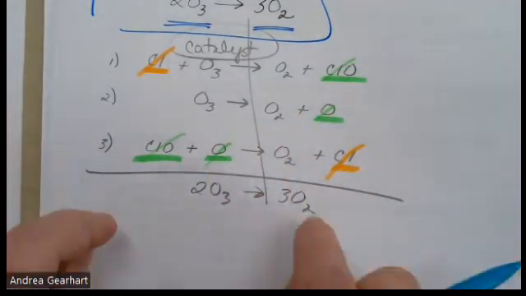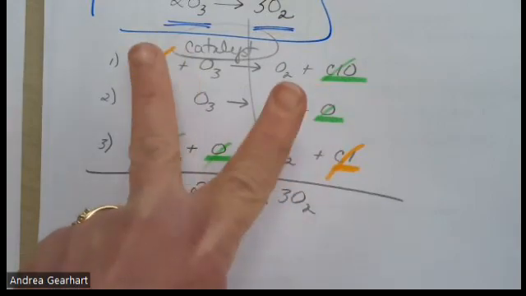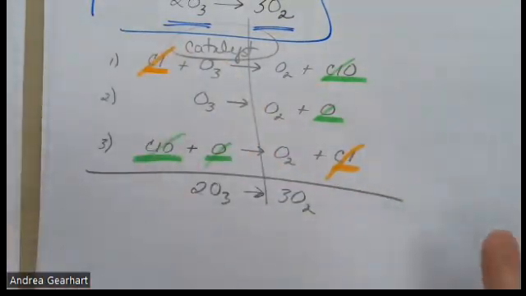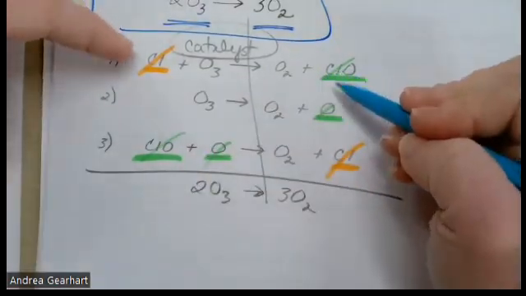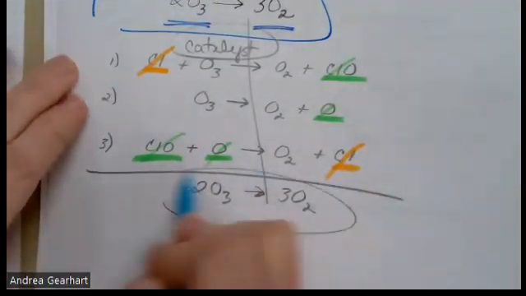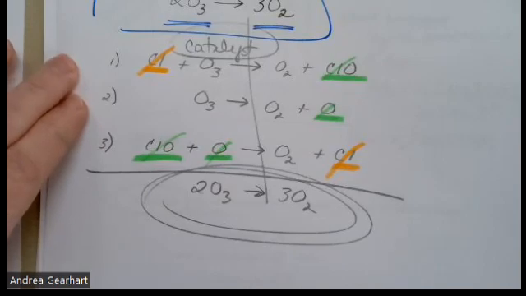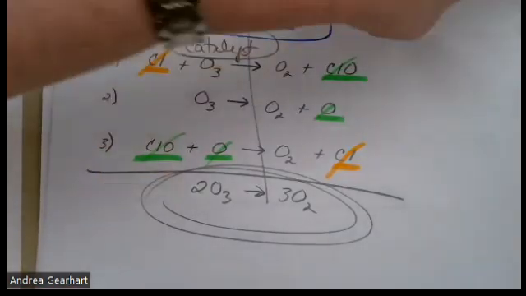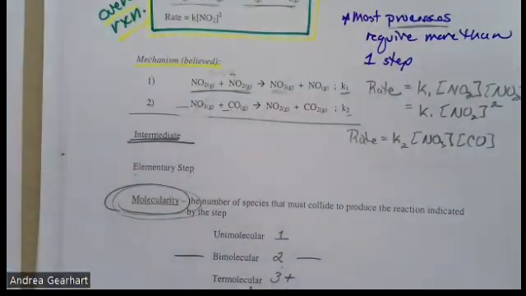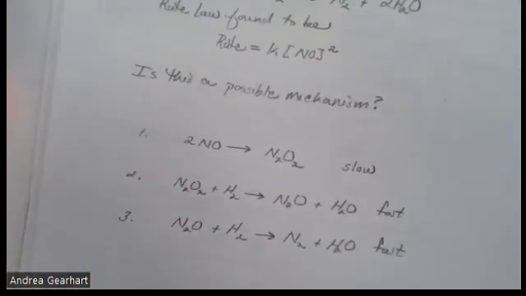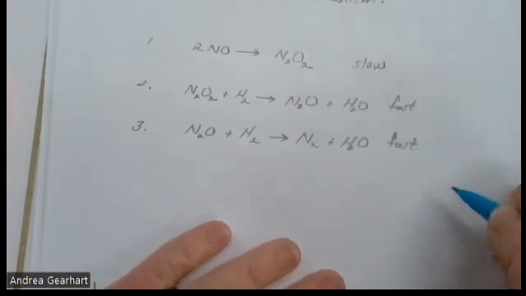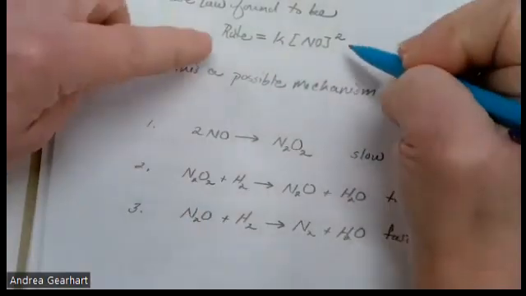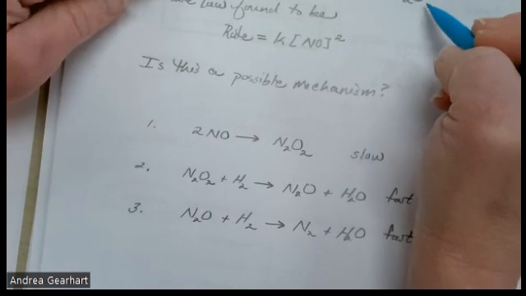A reaction mechanism has to pass two tests to be considered possible. The first test, the elementary steps must add to give the overall reaction. But then the next thing, the rate law of the elementary steps must match the rate law of the overall reaction.